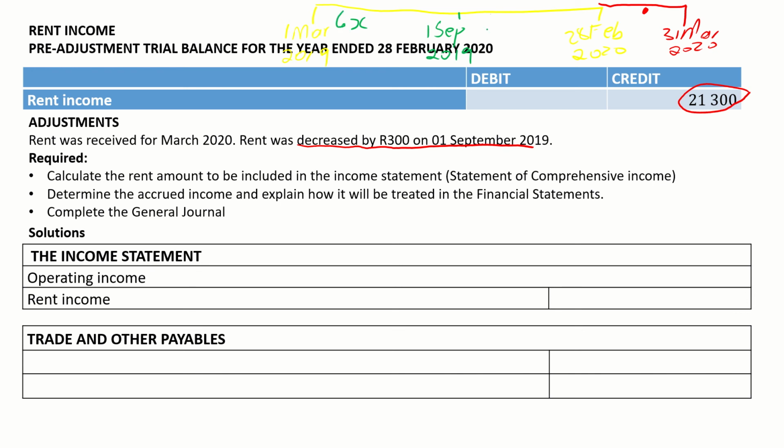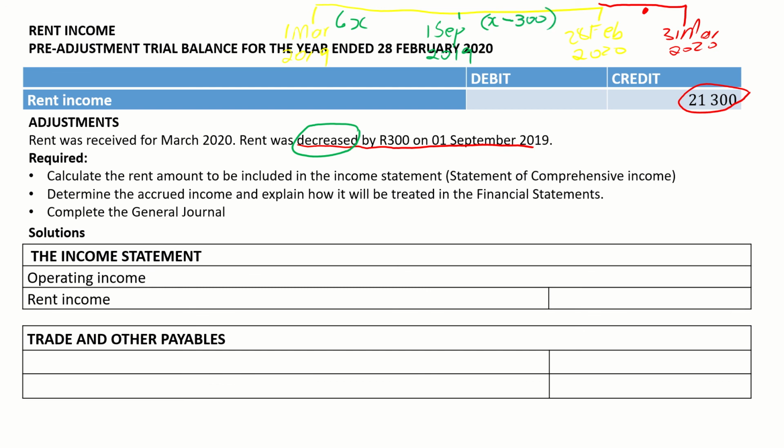After September, it was no longer x because they said it decreased. To decrease is to minus, guys. You minus 300 from x.